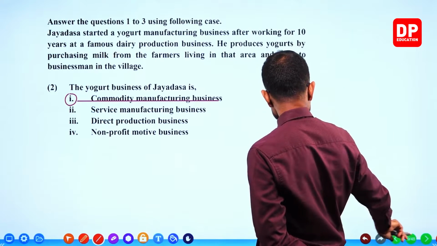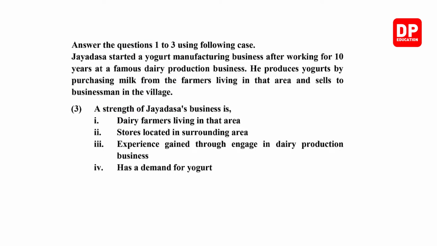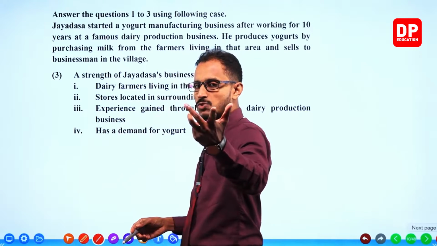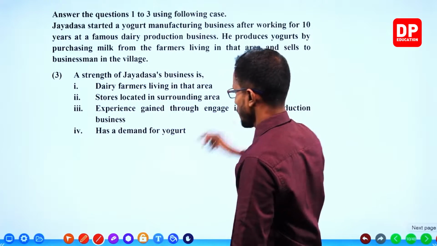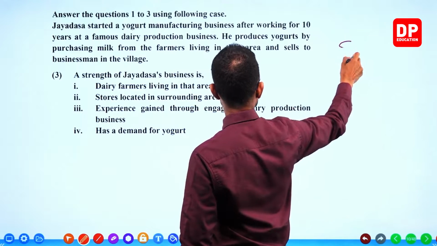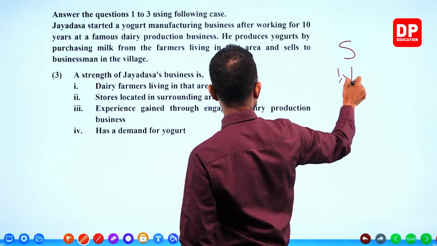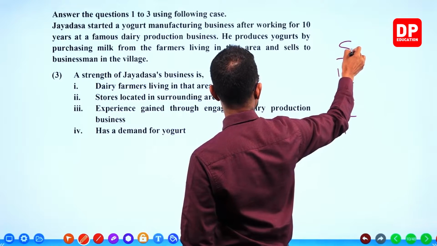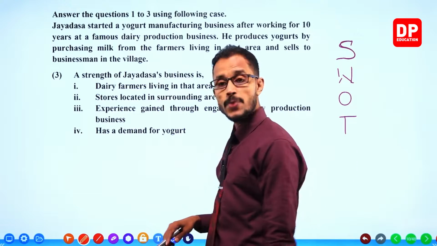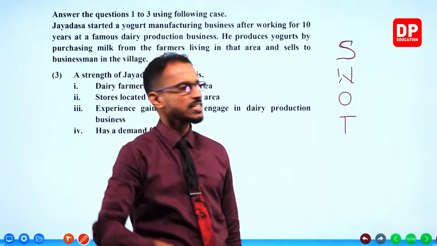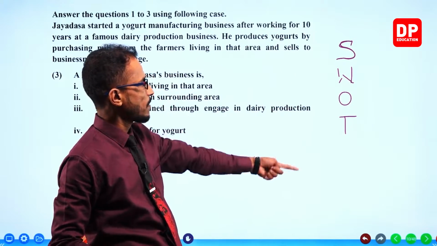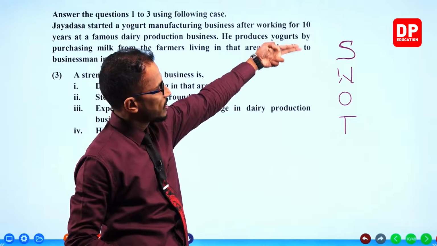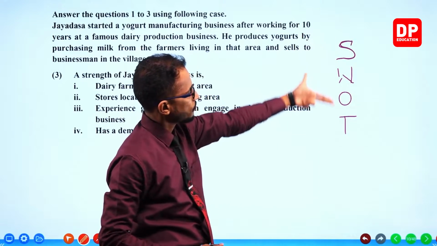Yeah. Third question. A strength of Jayadasa's business. Strength. You know that SWOT comes in your grade 10 textbook in the very first lesson. I always tell you to remember with this word, SWOT.